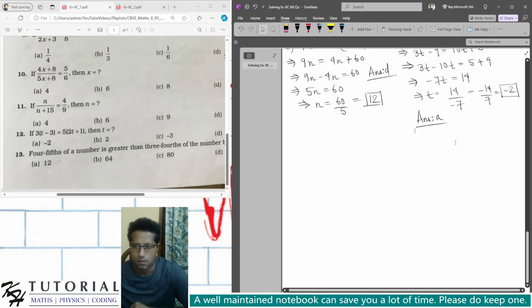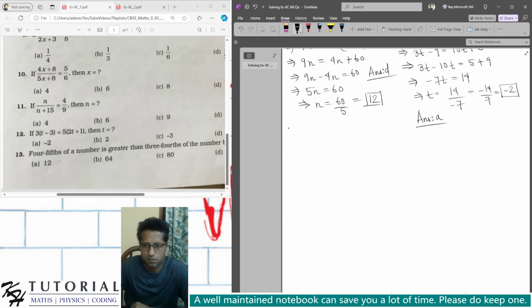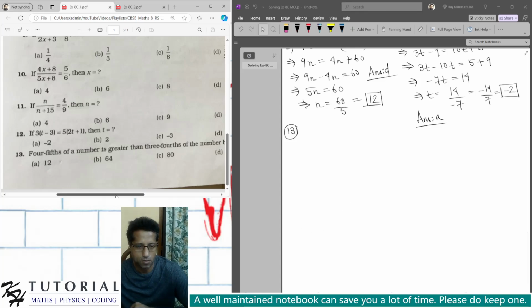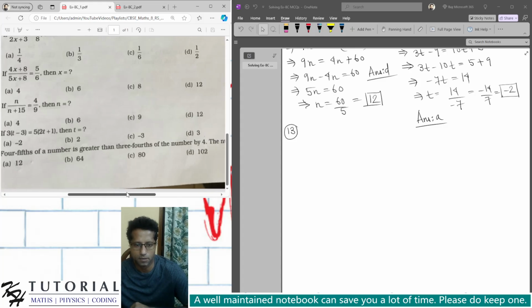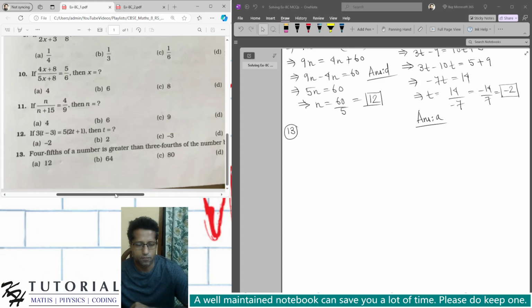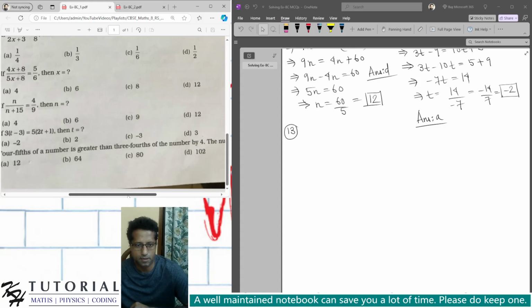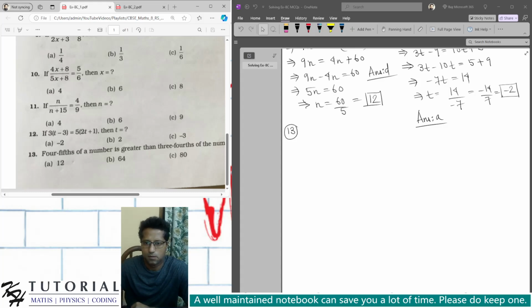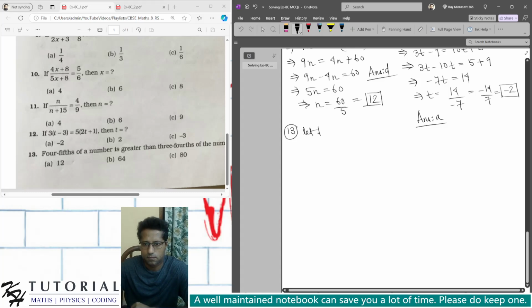Okay, let's solve problem number 13. It's a word problem, an application of solving linear equations. It says 4/5 of a number is greater than 3/4 of the number by 4. Okay, so let the number be x.